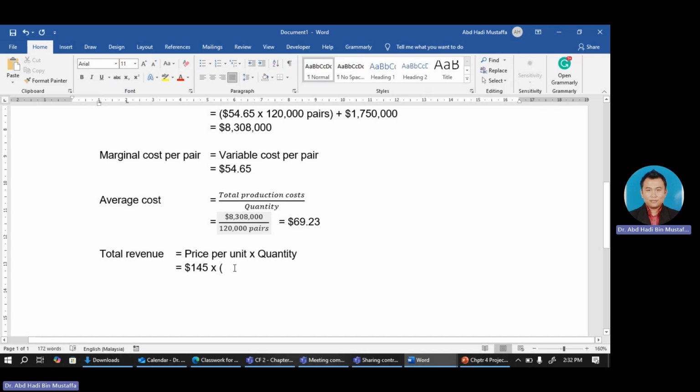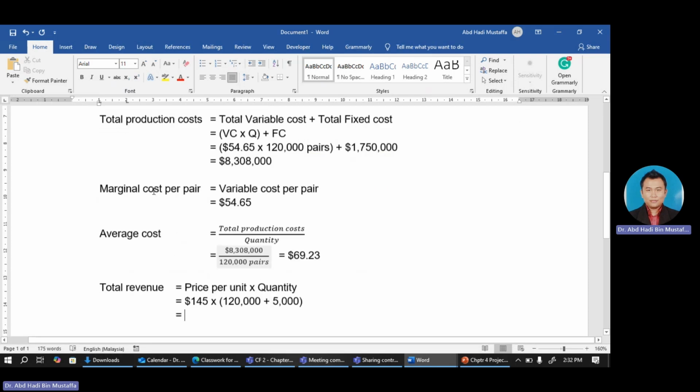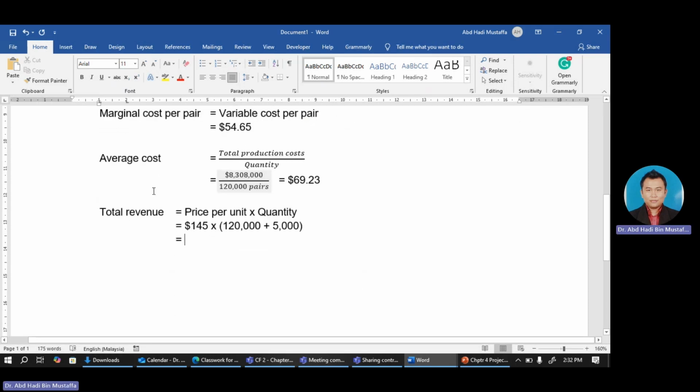Do not forget the original figures, 120,000 plus 5,000, because they want to know the total revenue you will get if you order an extra 5,000 pairs. It's not profit, it's total revenue only. So you get 18,125,000.